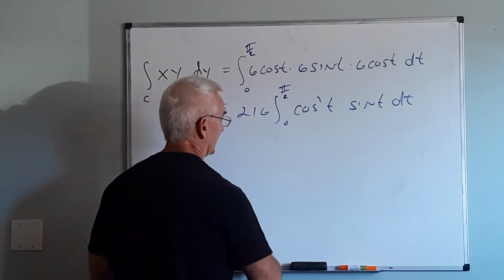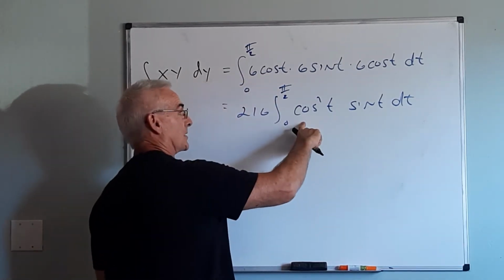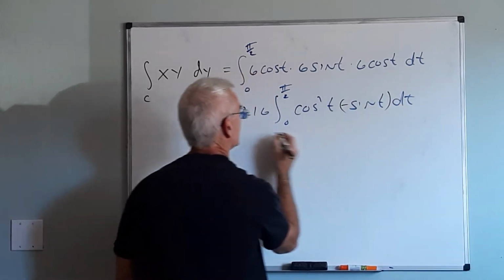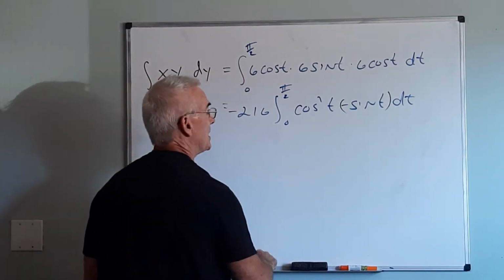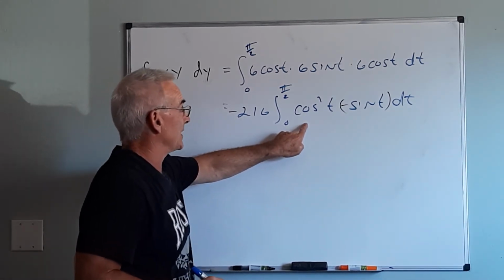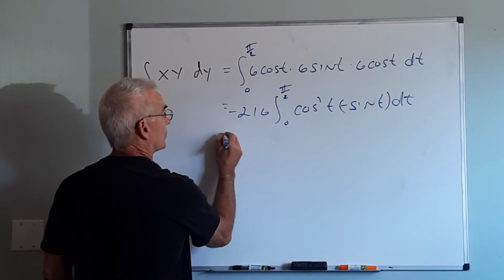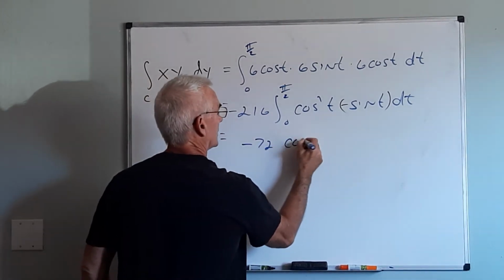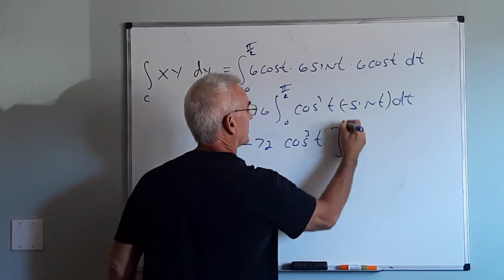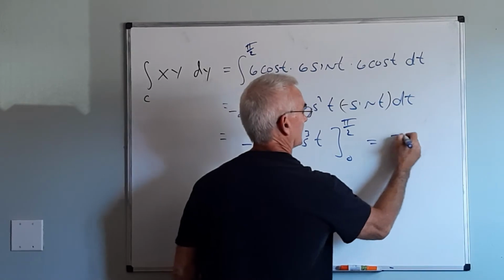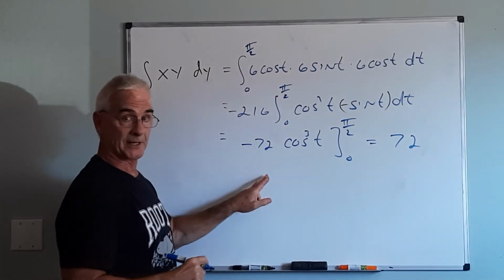So once again, if I let my u be the cosine function, then the du would be the negative of the sine function. So again, I will have something of the form u squared du, so the antiderivative being 1/3 u cubed. So I would get negative 72 times the cube of the cosine from 0 to pi over 2. Well, that will be 0 minus 1, so this will give us positive 72 as an answer.